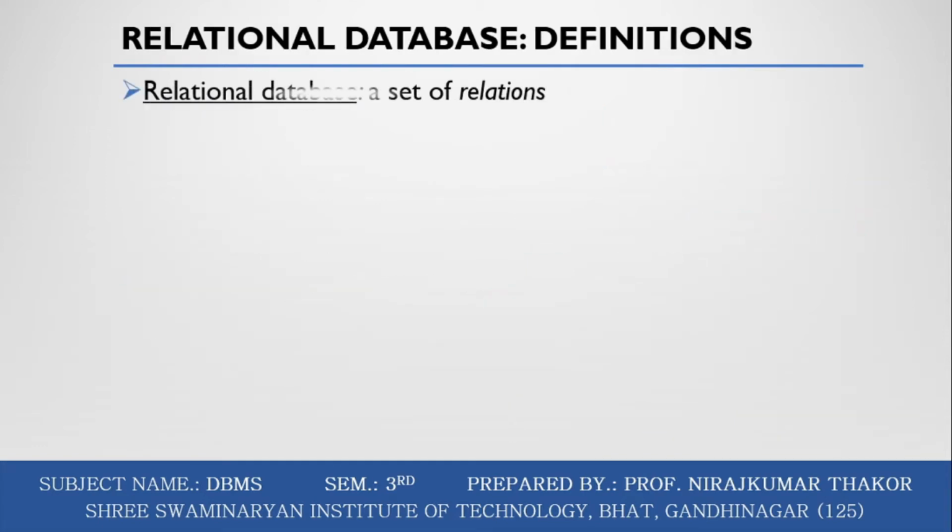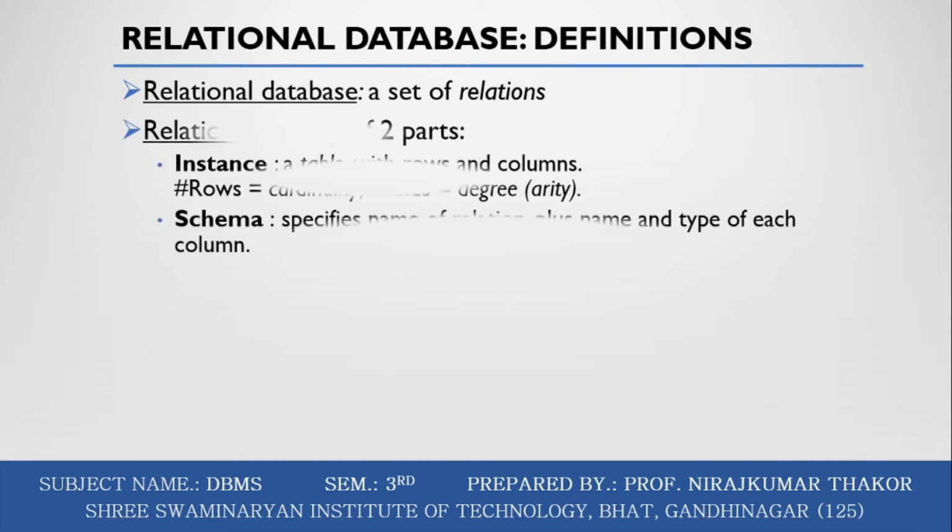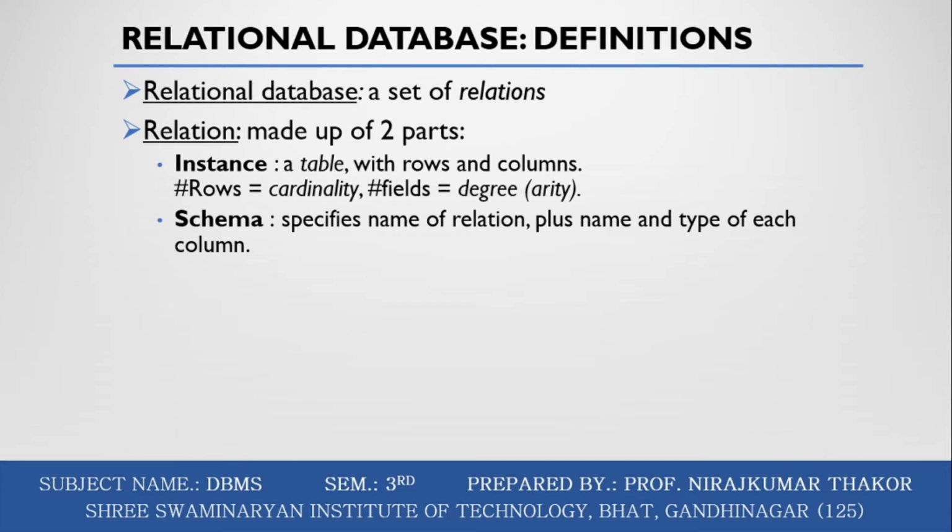Now, relational database definitions. A relational database means a set of relations. A relation is made of two parts. The first one is an instance and the second one is a schema. Now, what is an instance? An instance means a table with rows and columns, where the rows represent the cardinality and the fields represent the degree.